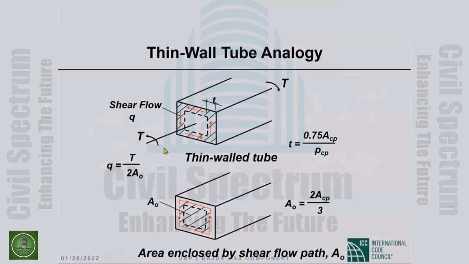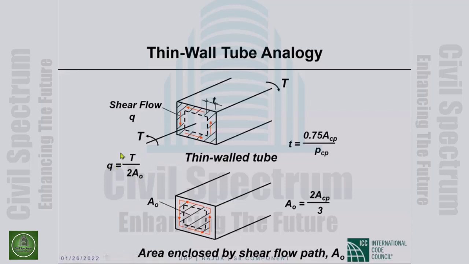This is the torsion that is twisting the member, causing shear stress in the walls of the thin-walled tube. The P sub cp and A sub cp I have explained to you. The Q shear flow is T over 2 A sub 0, as was written on the next page.